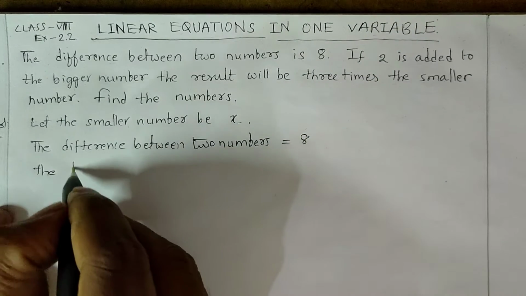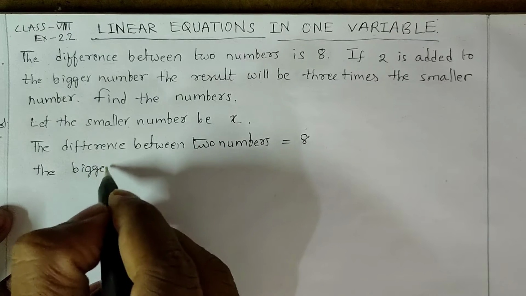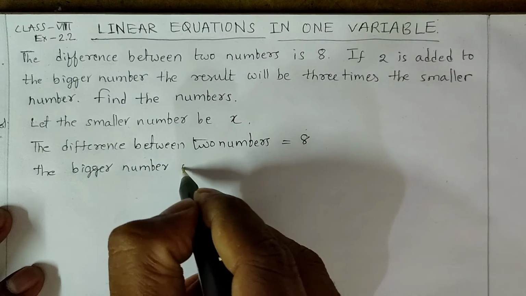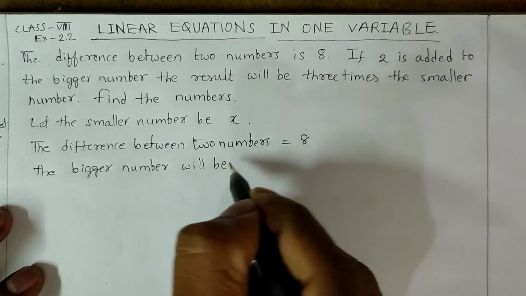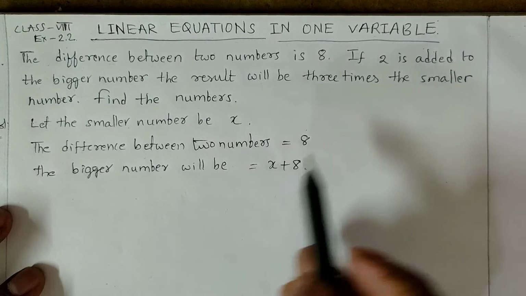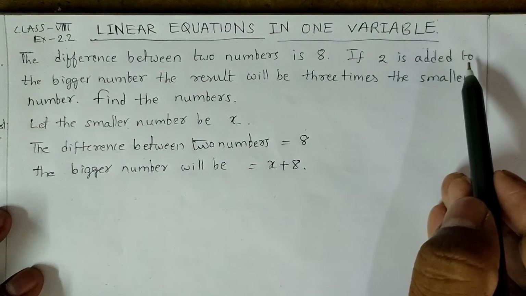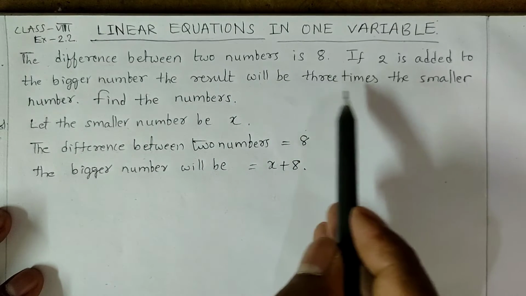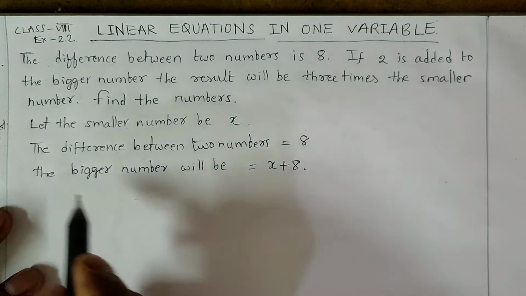So the bigger number will be equal to x plus 8. So here, if 2 is added to the bigger number, the result will be 3 times the smaller number.